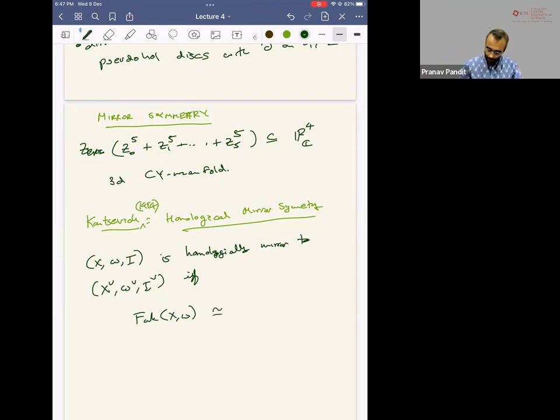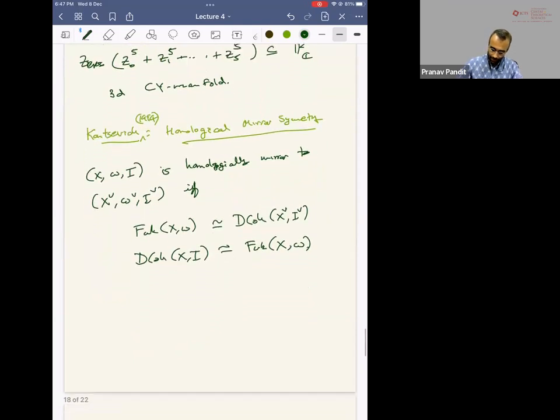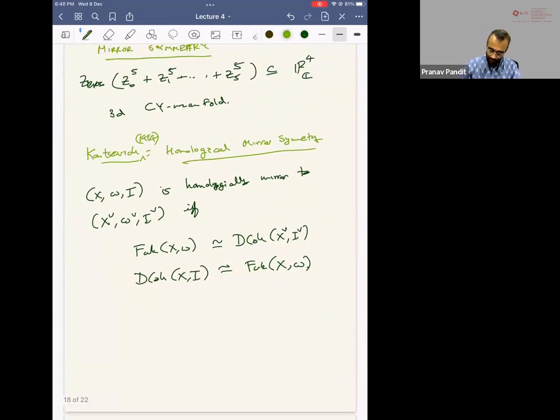The Fukaya category of (X, ω) is equivalent to the derived category of coherent sheaves on X check with the complex structure I check, and the derived category of coherent sheaves on (X, I) is equivalent to the Fukaya category of X check, ω check. So this is HMS. So this is called HMS, homological mirror symmetry, it's just an abbreviation.